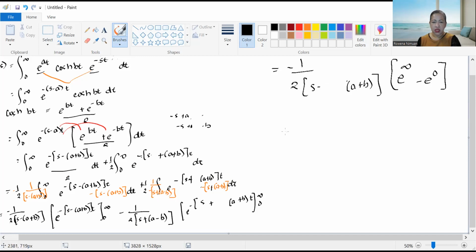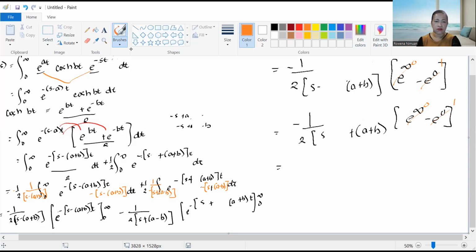Then equivalent to negative 1 over 2, s minus a plus b, e to the infinity minus e to the 0. So this one will be 0, and this one will be 1.